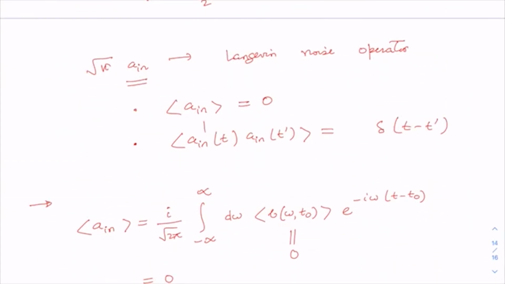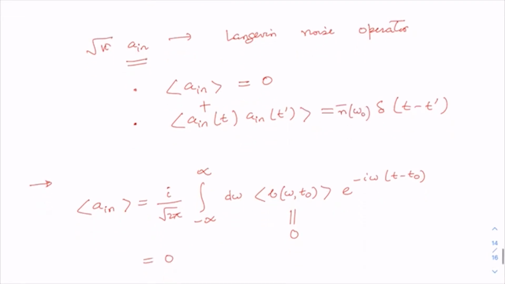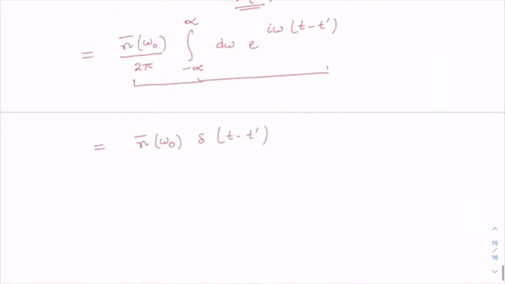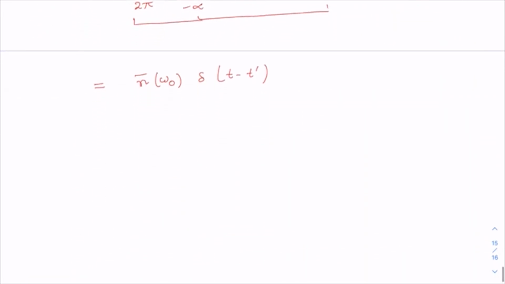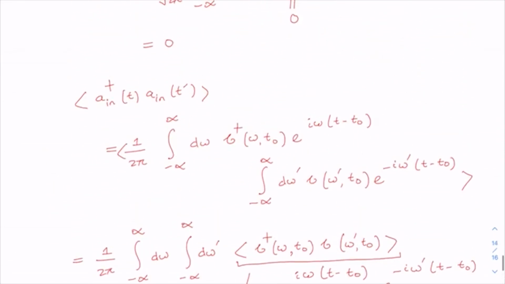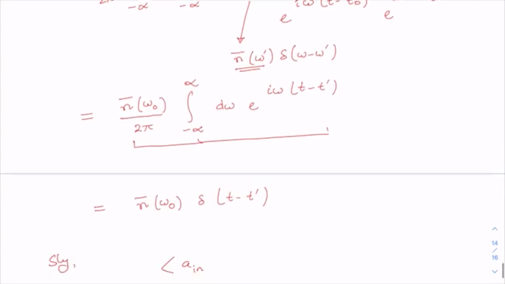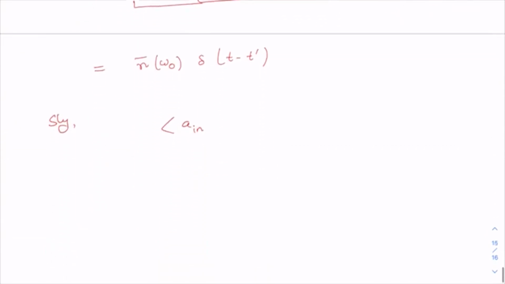So let me write here a dagger, and here let me put n bar of omega 0. So this is the correct one. As you see, the autocorrelation function is a delta function. Similarly, you can show the other one also, that is A in dagger at some different time T dash.